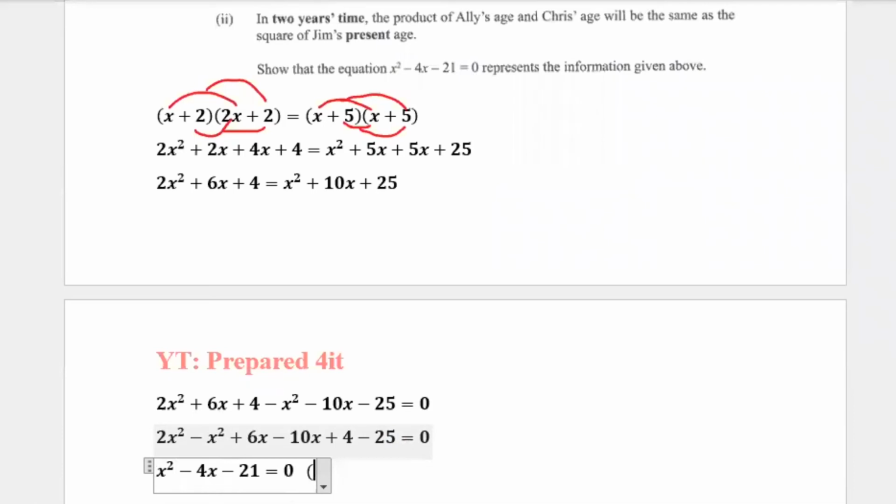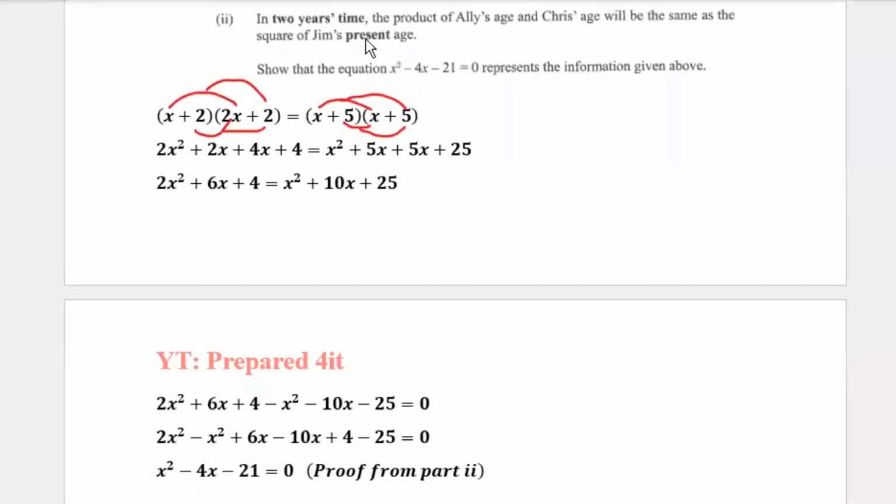And we have just proved the proof from part 2. So they asked us to prove that from this information this would be the equation that represented it, and we just proved that indeed this would have been the resulting quadratic formula. Any questions from that?